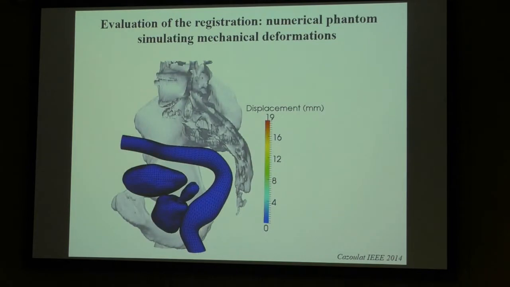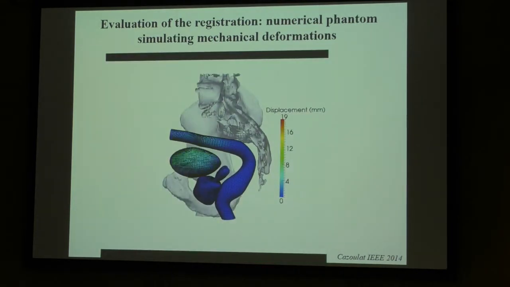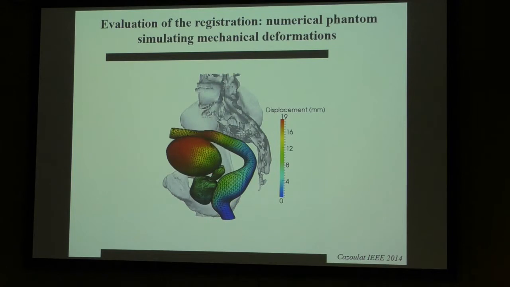Another way we use to estimate the accuracy of the elastic registration is to generate a numerical phantom.